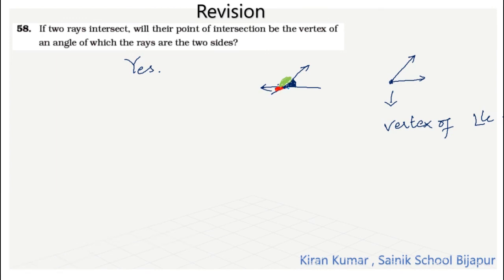And this is the fourth. The four different angles are formed here. Here when we consider this is one of the angle. This one is another angle.